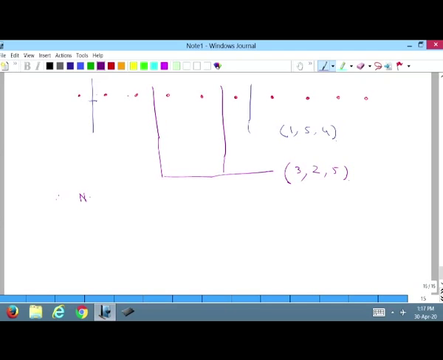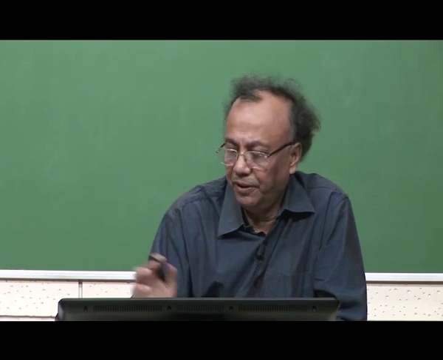Therefore, the number of solutions is 10 minus 1 choose 3 minus 1, which is 9C2, which is factorial 9 upon factorial 2 into factorial 7, which is 8 into 9 by 2, which is 36. We get the same answer that we got before.